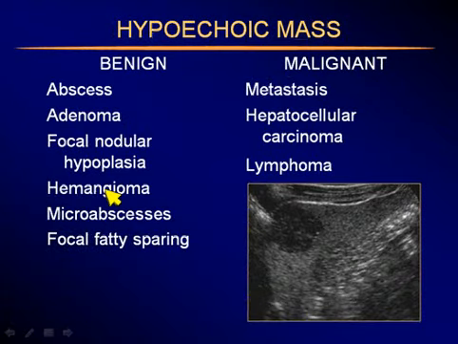So that's why I'd like to make just a list of hypoechoic masses in the liver. Nothing very specific about these. We can have an abscess, we can have an adenoma, focal nodular hyperplasia, a hemangioma, an unusual atypical hemangioma, focal fatty sparing, microabscesses, they can be hypoechoic.